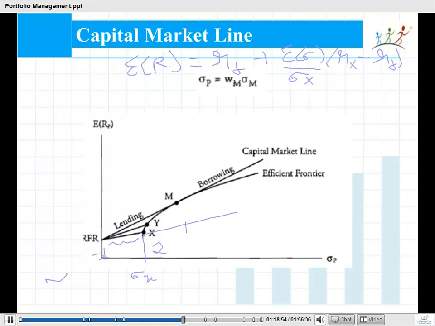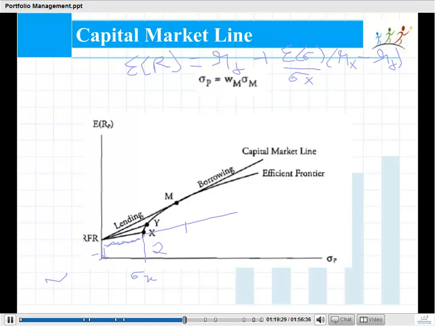To be at this point in the curve, I'm putting some weight in the risky asset and some weight in the risk-free asset, which implies I'm lending at the risk-free rate. If I'm investing money at the risk-free rate, means I'm giving it to someone, and that someone is giving me the risk-free rate of return. That means I'm lending at the risk-free rate. So if I am in this portion, then I'm lending at the risk-free rate.